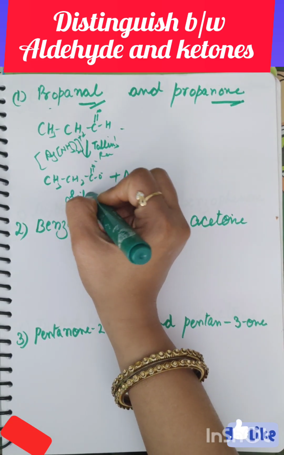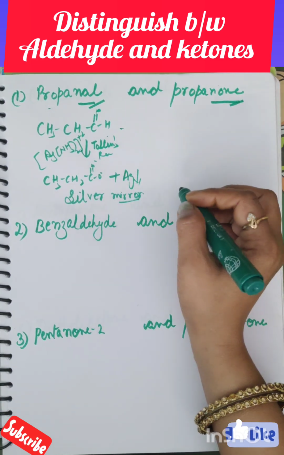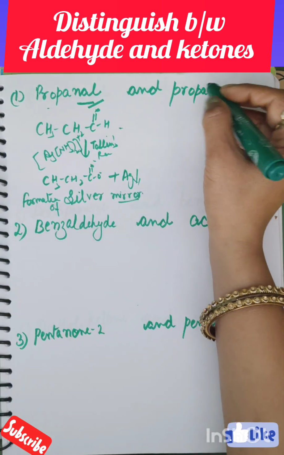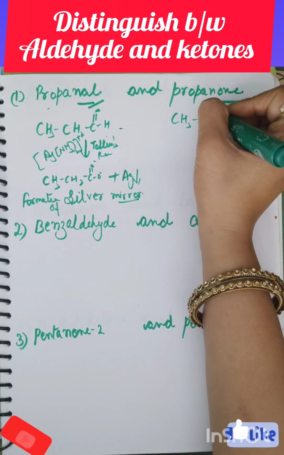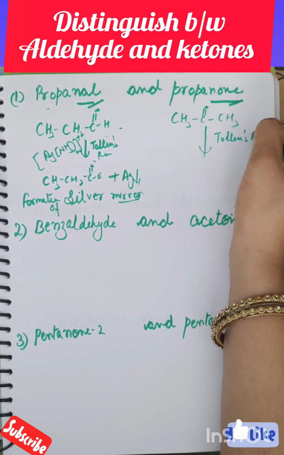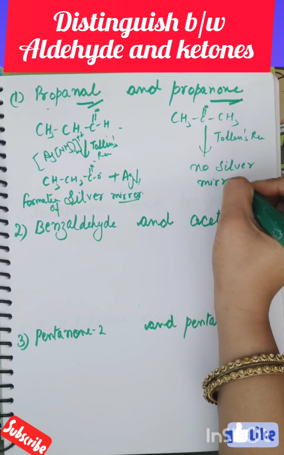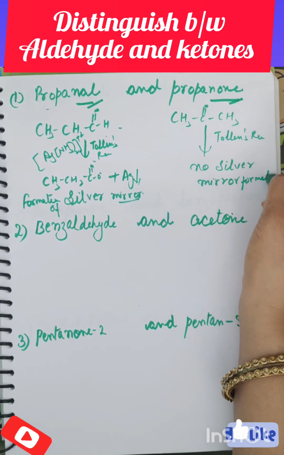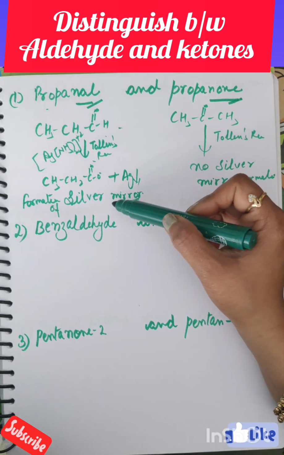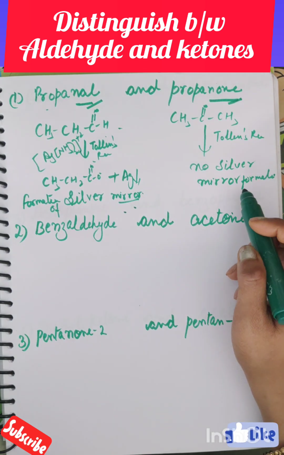Silver mirror only you can write, formation of silver mirror. In case of ketone, Tollens reagent, no silver mirror formation. So students, in case of propanal or aldehyde, it will give Tollens reagent positive or silver mirror formation, but in case of ketone, propanone, no silver mirror is formed.